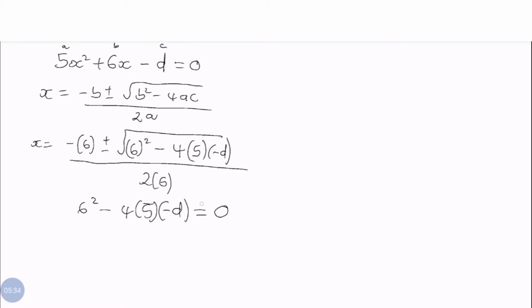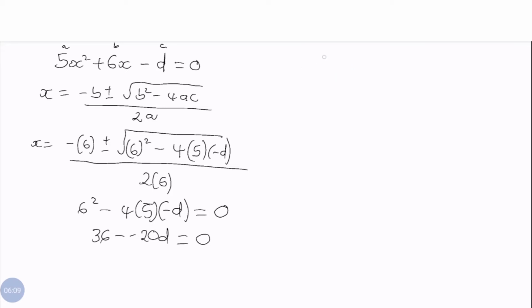We want to find the value of d, right? So 6 squared is equal to 36, minus 4 times 5 is 20. 20 multiplied by negative d is negative 20d. All this is equal to 0. Now let us solve for d.